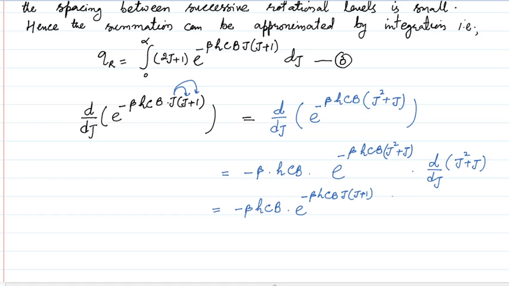It will be equal to 2j, because it is x raised to the power n, so it will be n x, and similarly dj upon dj will be equal to 1, so it will be here 1. That means we have solved this part here. This is basically equal to d upon dj of e raised to the power minus beta h c B j into j plus 1.